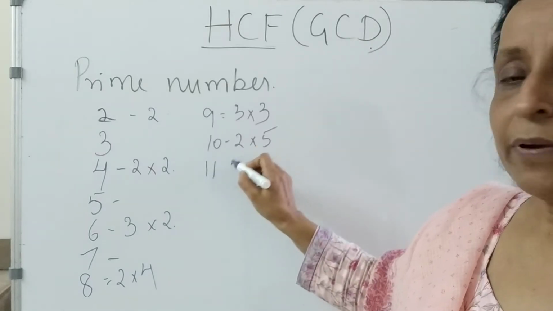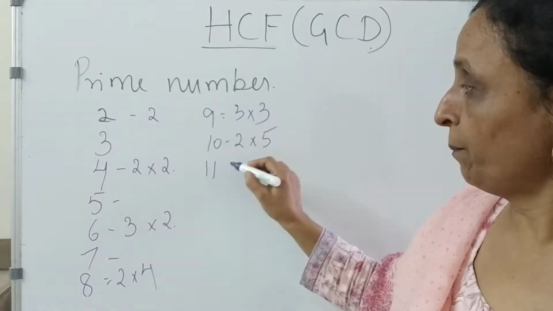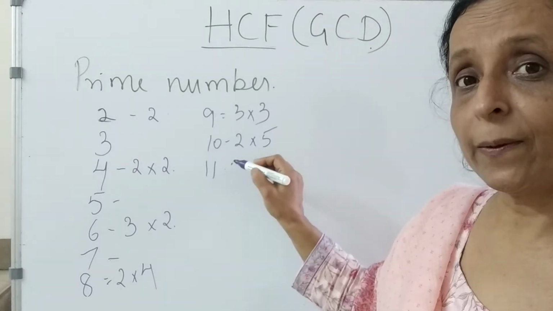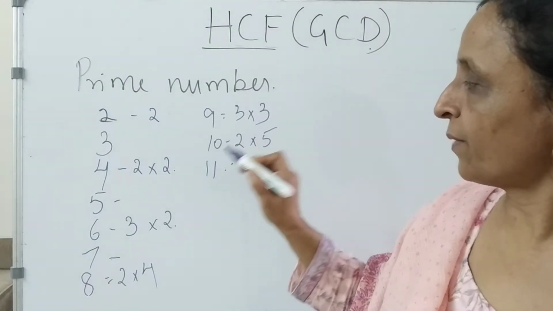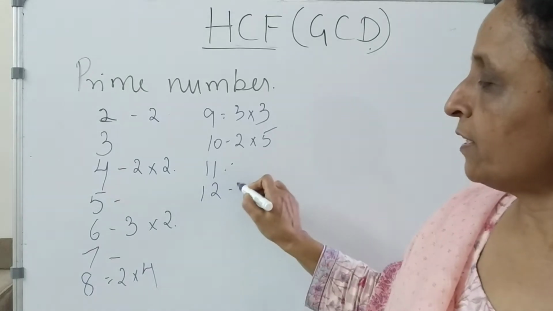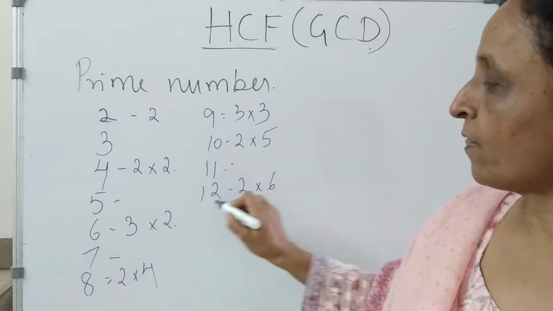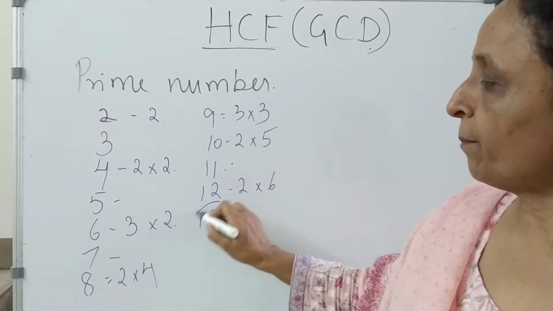11 is a prime number. You cannot break it into composite numbers. You can just multiply by 1. So it is a prime number. 12 is 2 into 6. 13 is a prime number.